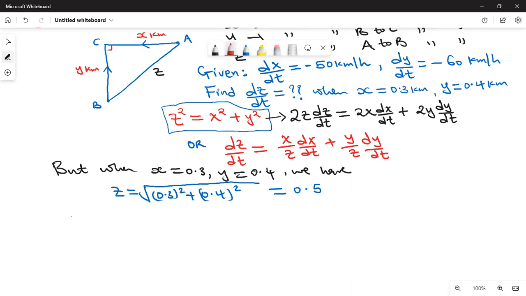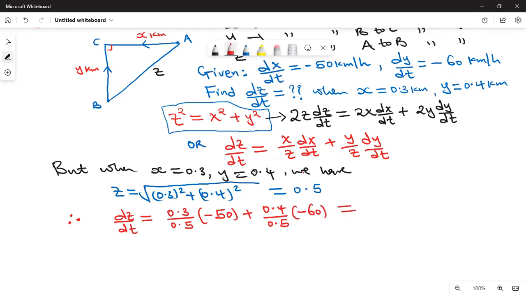So you can now say, therefore, dz/dt is the same as x, which is 0.3, over z, which is 0.5, times dx/dt, which was negative 50, plus, now we know y to be 0.4, z is 0.5, dy/dt is negative 60.